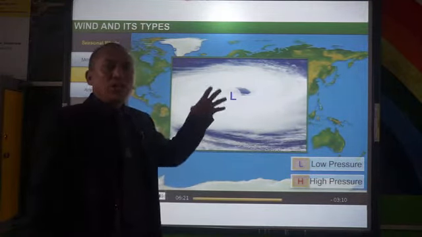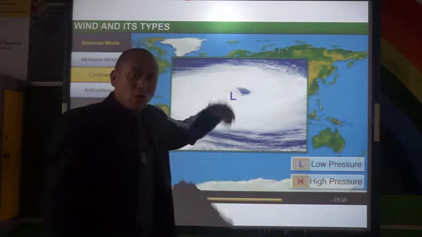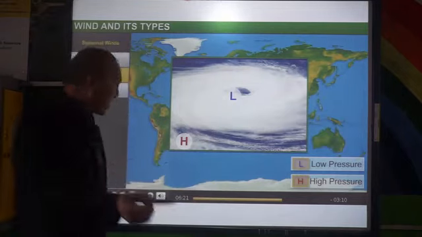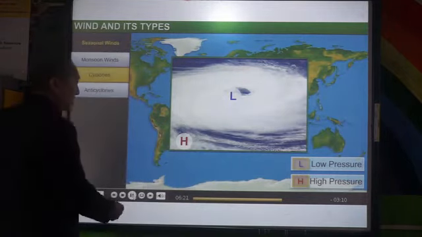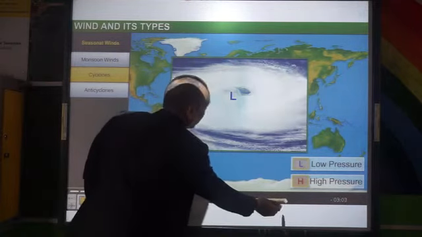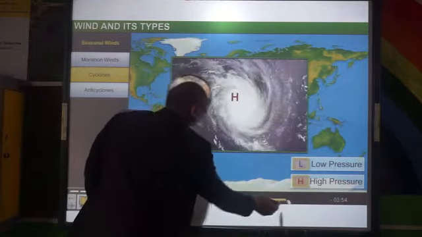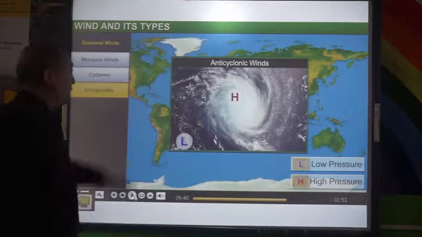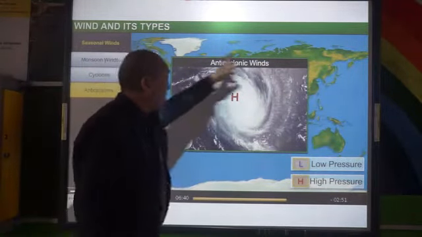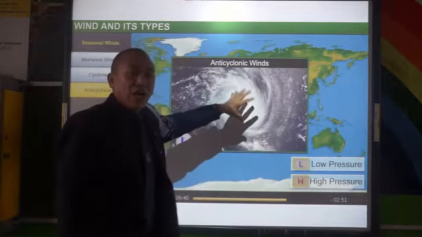They blow anti-clockwise in the northern hemisphere and clockwise in the southern hemisphere. That is the cyclones. The anti-cyclones are slightly opposite, slightly in reverse. In the case of anti-cyclones, the low pressure is in the surrounding regions, and in the center they have a high pressure.